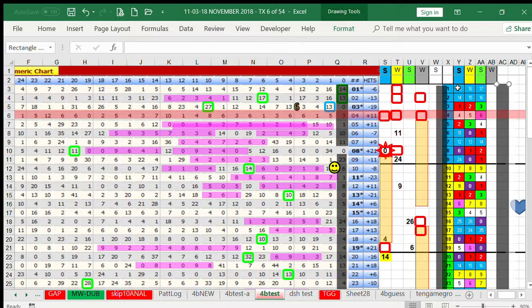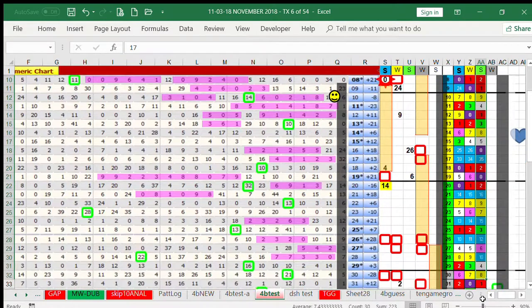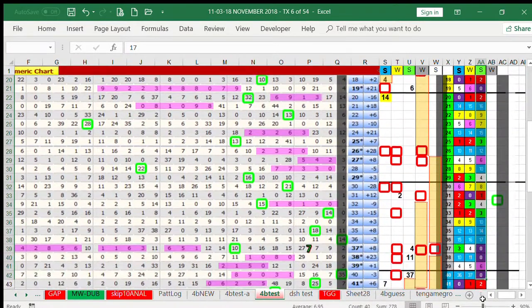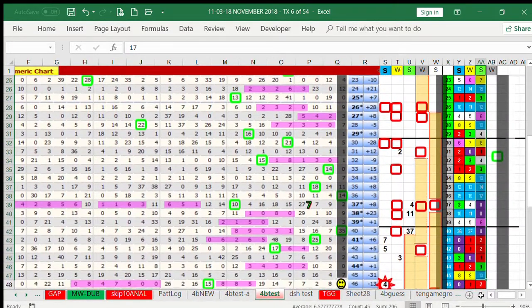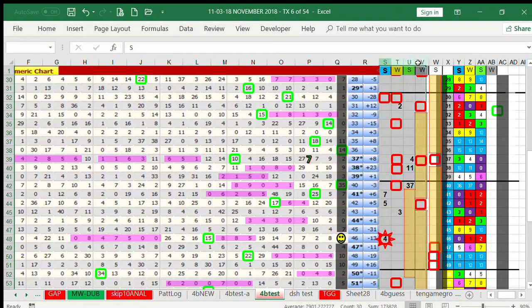Now, I like the numbers better because you can see where the actual skip is. So I'll add this new skip line after the drawing for Wednesday, and we'll see how my selections did, cumulative for the 4 drawings and also just for this one drawing alone.